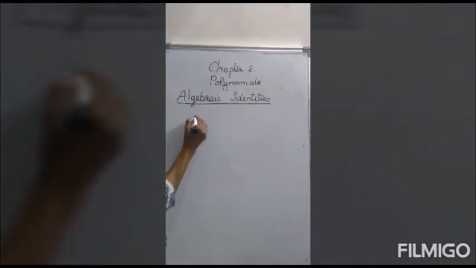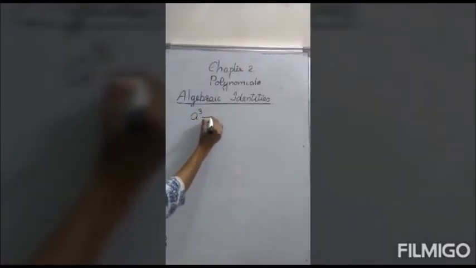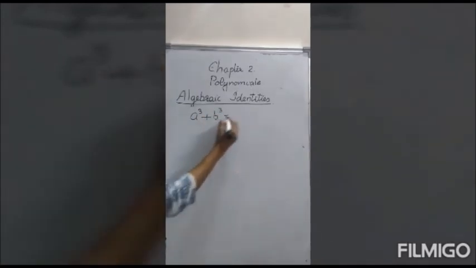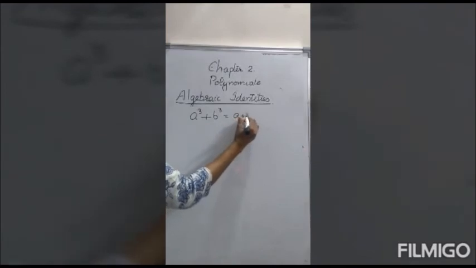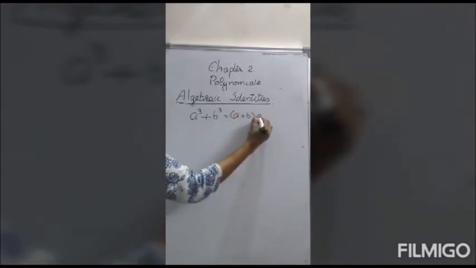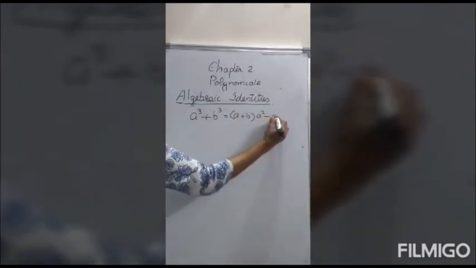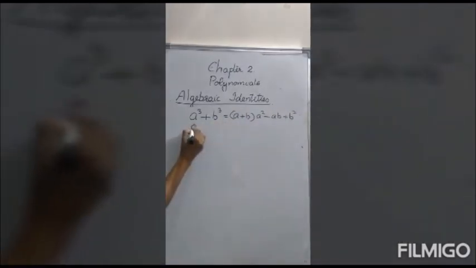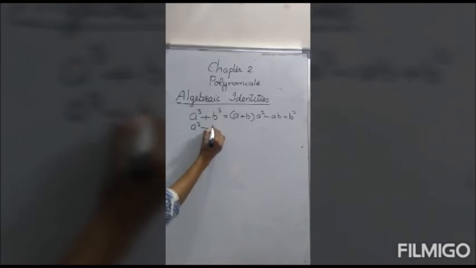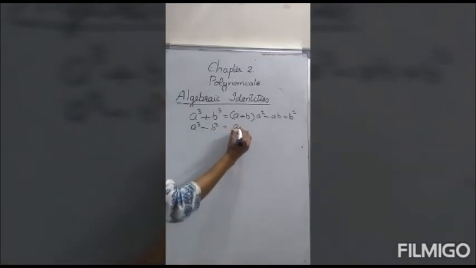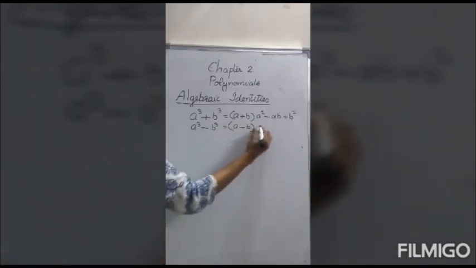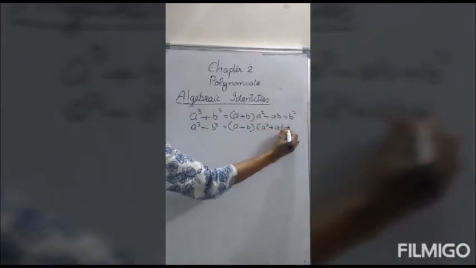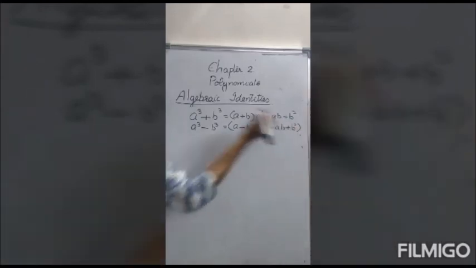Next identity: a cube + b cube equals (a + b)(a square - ab + b square), and a cube - b cube equals (a - b)(a square + ab + b square).